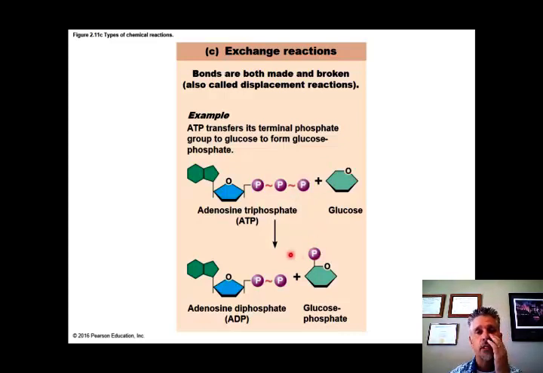So this is an exchange reaction. Bonds are both made and broken. We broke this one, and we created another one here. And these exchange reactions are typically called reversible reactions as well. So you can cause it to go one way, you can cause it to go back the other way, and those are very, very useful in the body.